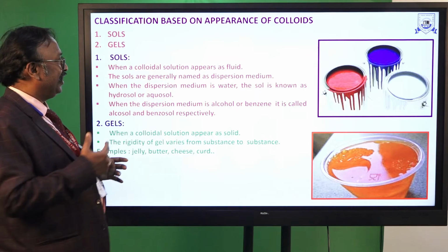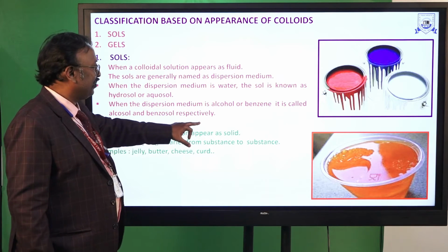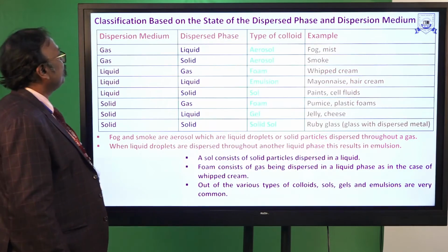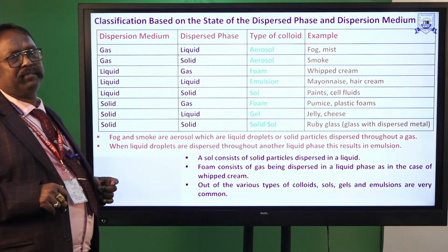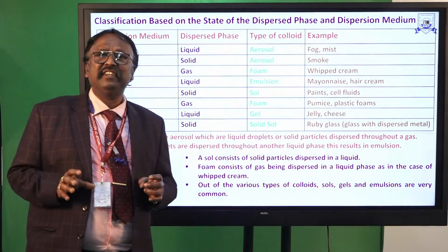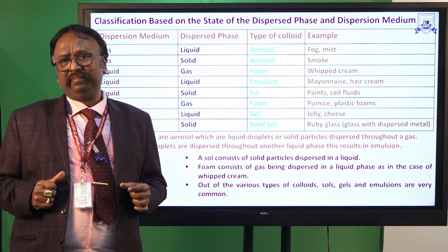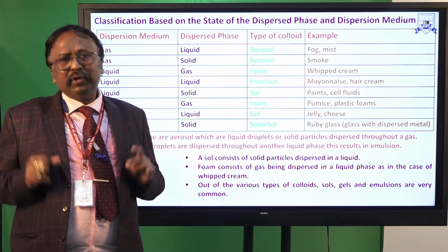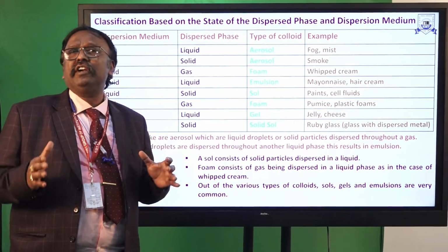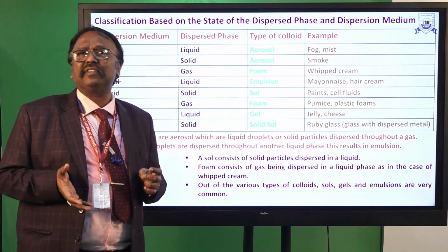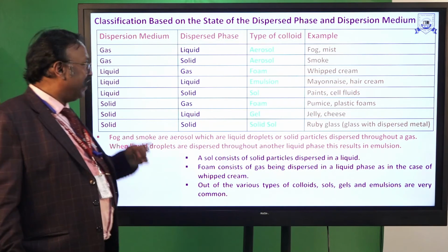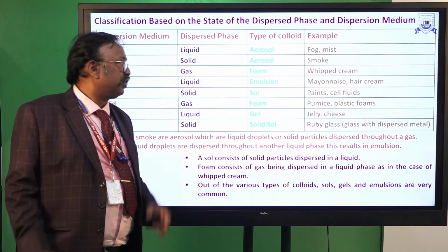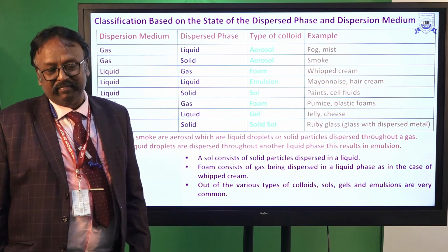This is another classification of colloidal dispersion, based on dispersed phase and dispersion medium. This classification plays an important role from the examination point of view. It is based on the state of dispersed phase and dispersion medium.